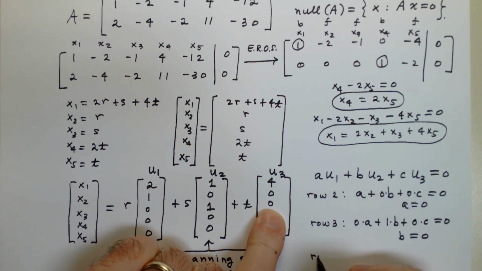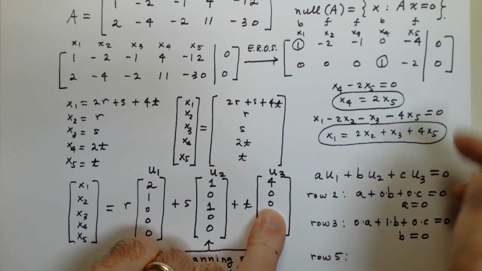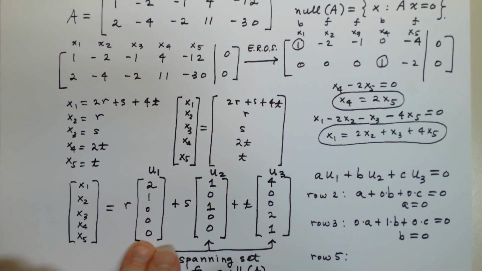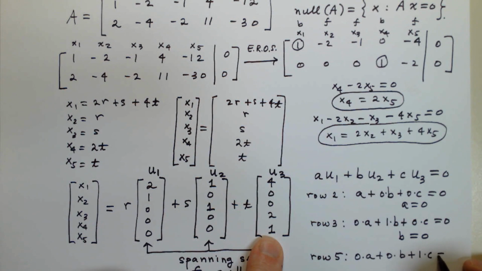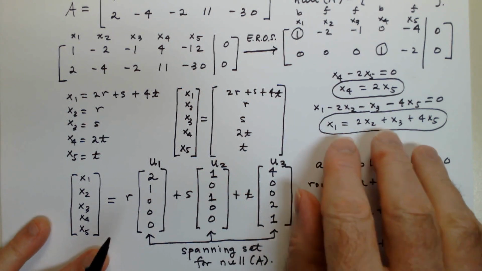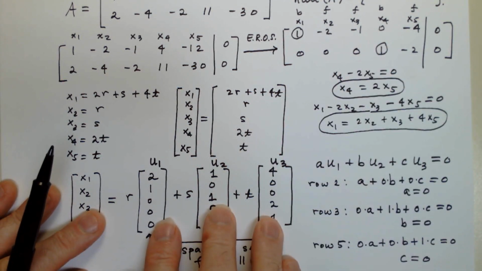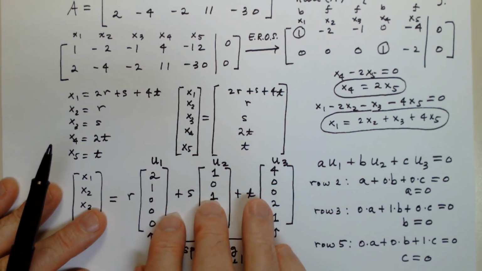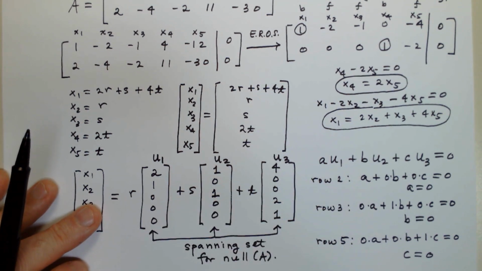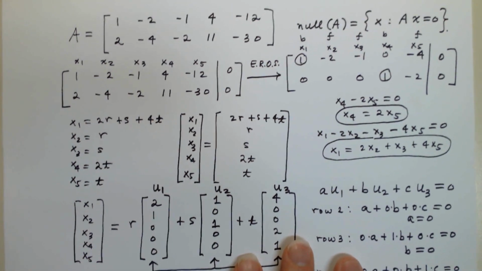And finally, if I look at row 5, which corresponds to this last free variable, I'm going to have a multiplying 0, b multiplying 0, and c multiplying 1. And that has to be equal to 0, so c is equal to 0. So I'm claiming that anytime you use this method, the same procedure will also show that the vectors that you've produced are linearly independent. And so not only is this a spanning set for the null space, it's actually a basis for the null space.